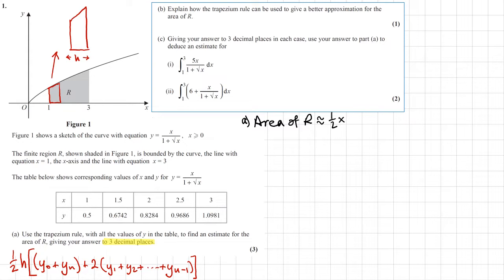So the difference in the x coordinates is going to give us the height. So if we look at these x values, they're going up by 0.5. So you've got 1, 1.5 here, 2, 2.5 and so on. So the height of each trapezium is going to be 0.5. So you look at basically the difference in the x coordinates.